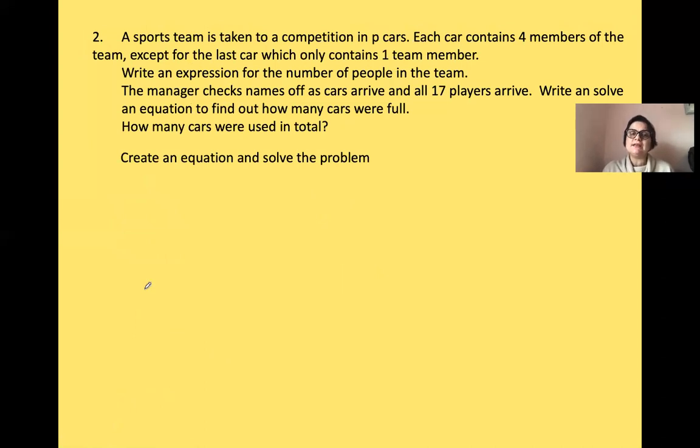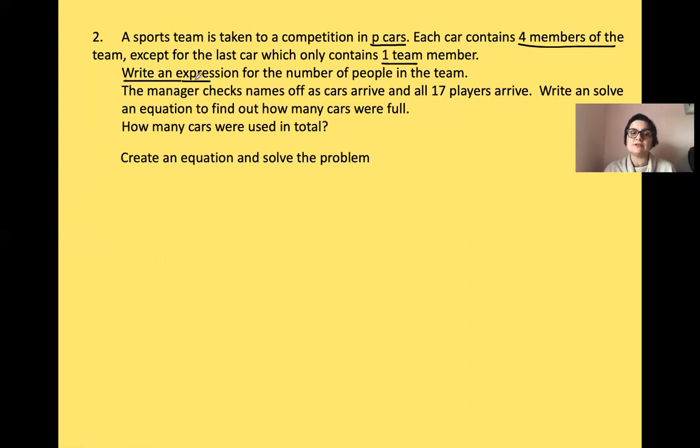A sports team is taken to a competition in P cars. So another letter, or variable, is used in this question. Each car contains 4 members of the team, except for the last car, which only contains 1 member. Now, write an expression for the number of people in the team.